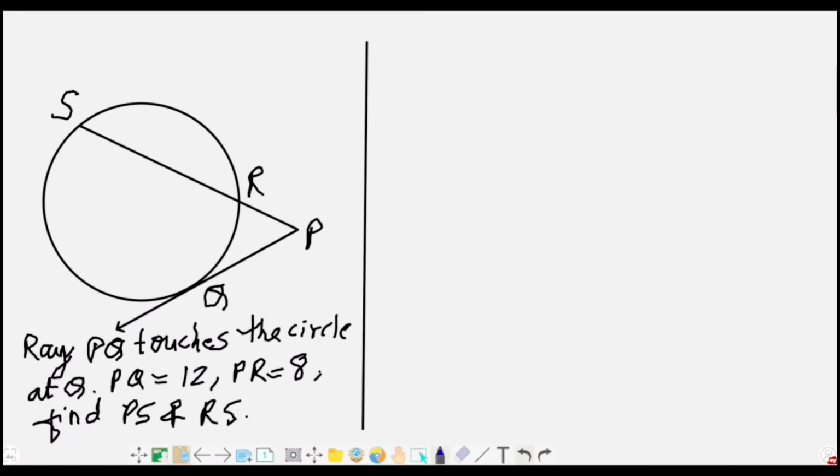Now students, in this figure, ray PQ touches the circle at point Q. PS is your secant. PQ is given 12. PR is given 8. You are asked to find PS and RS. So let's solve this sum.